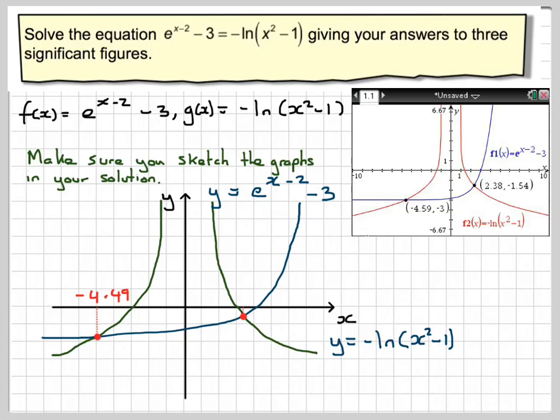Make sure you write down the x coordinates, not the y coordinates. Okay, and the two solutions to this equation are x is equal to minus 4.59 or 2.38. Make sure they are correct to three significant figures. Okay, so that's how you use your calculator in order to solve equations which perhaps cannot be solved algebraically.